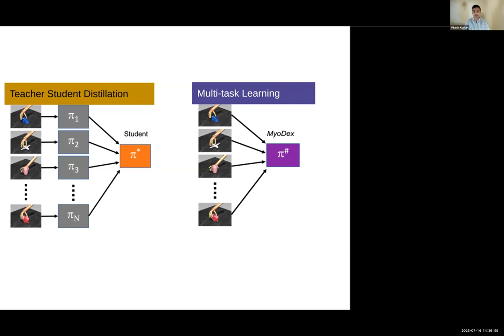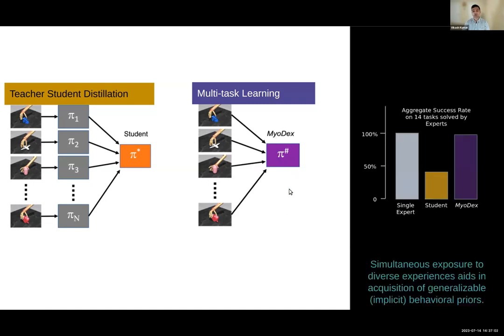And what we found is that teacher-student distillation is not very good at giving you a good initial starting point. On the next slide, I'm going to tell you exactly why. On the other hand, multitask learning doesn't really succeed all that much in capturing good behaviors from all of them, but it actually turns out to be a very good starting point. And this puzzled us a little bit. What is going on?